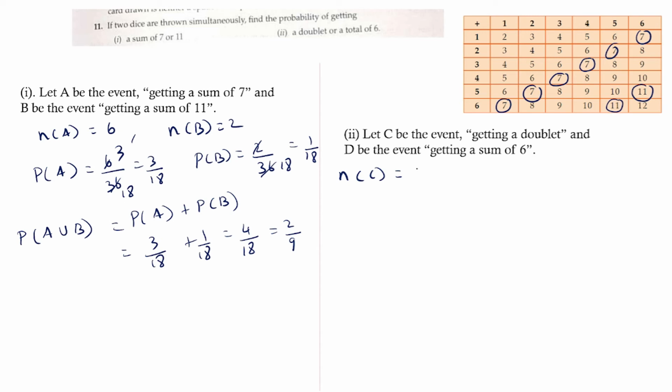So n of C is equal to 6. And n of D, which is getting the sum as 6, we have all these cases: 1,5, 2,4, 3,3, 4,2 and 5,1. So n of D is equal to 5.